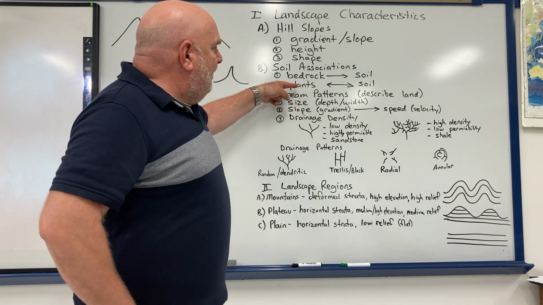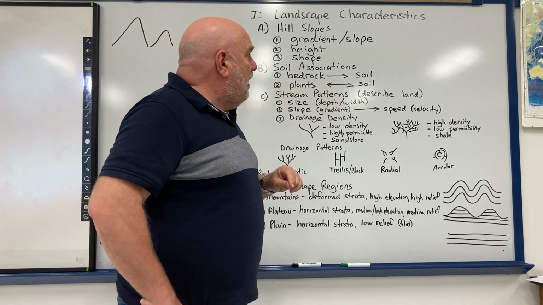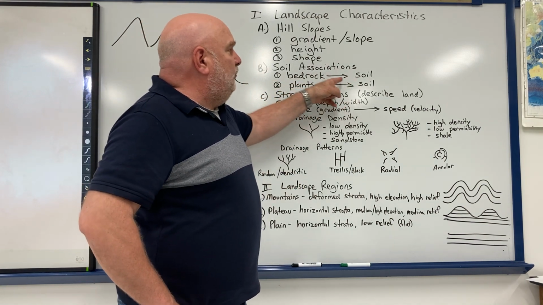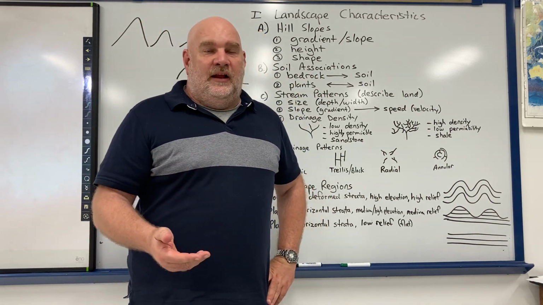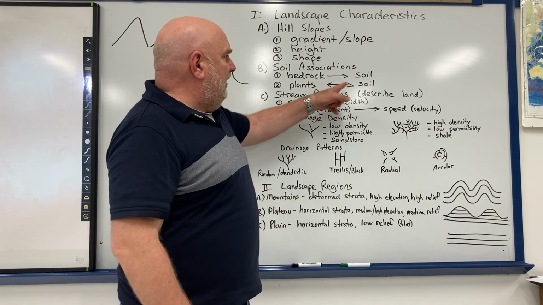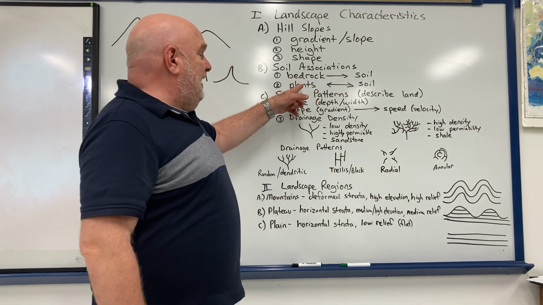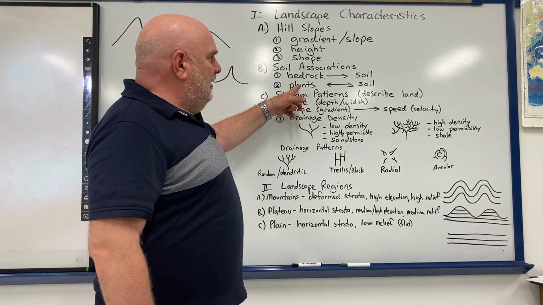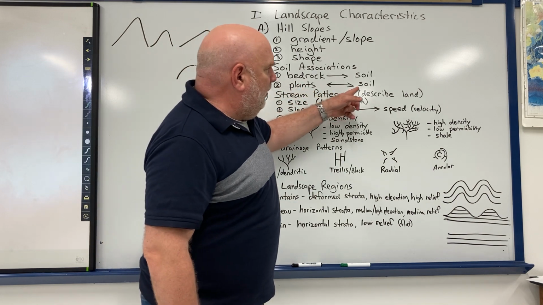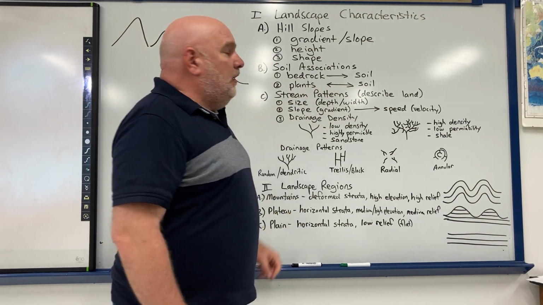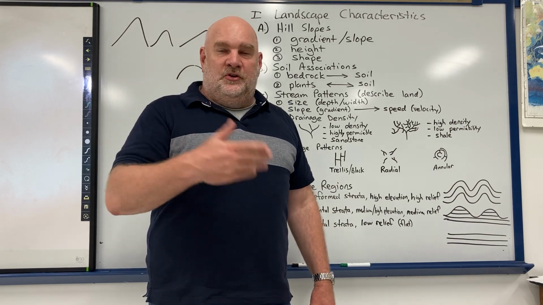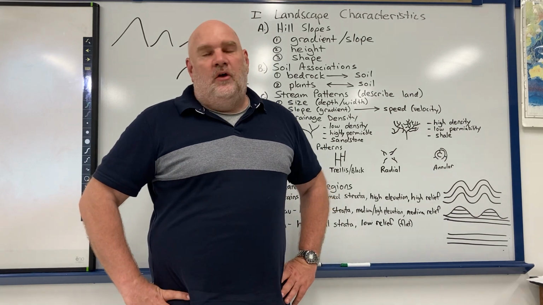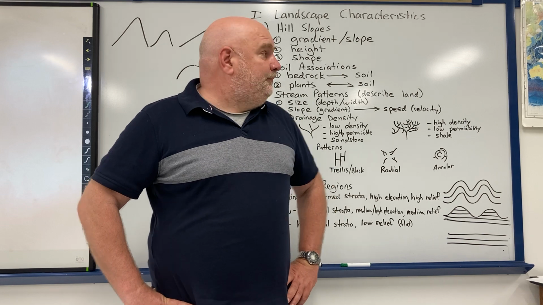So plants help determine the soil, but the type of soil also determines what kind of plants you have. Some plants like acidic soil, so acidic soil is going to help grow plants that like that kind of soil. When the plants die, they're going to help make the soil again. So that's why that arrow goes both ways.